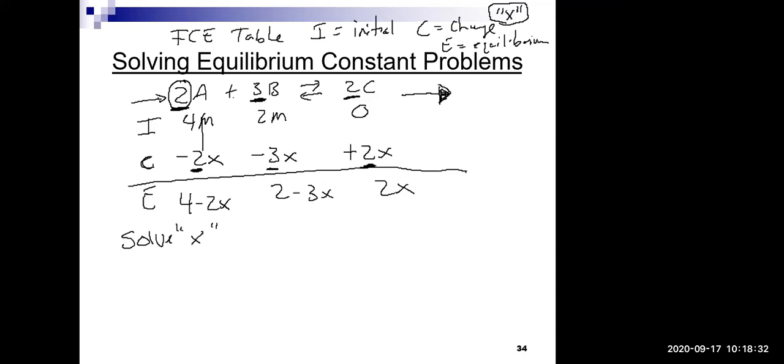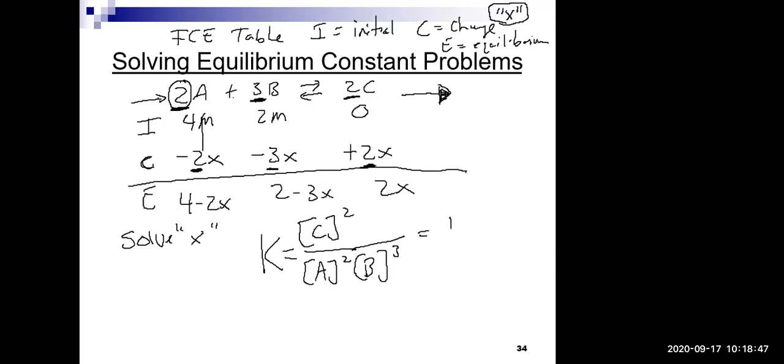And the way we do that is we would actually use the equilibrium expression to help us. So in this case, C would be squared, A would be squared, and B would be cubed. And at this point, they would probably give you the equilibrium constant value. So you would have that. And what you would do at this point is basically substitute in your equilibrium part.